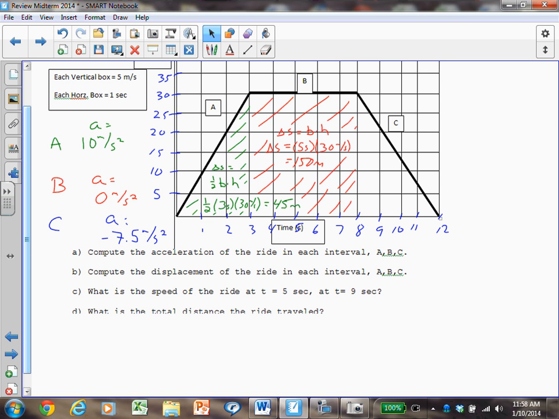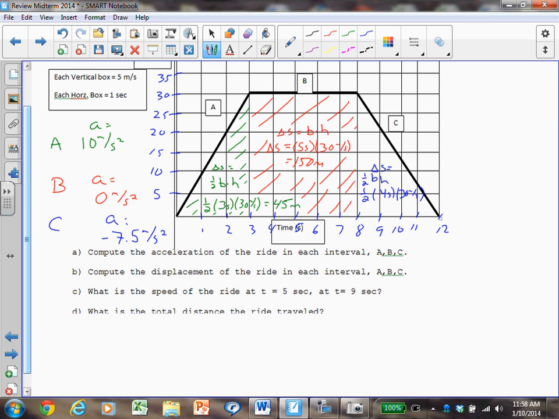And then this area over here, one-half base times height, 1/2 of 1, 2, 3, 4 seconds times 30 meters per second. It's still positive. It's still above the axis.